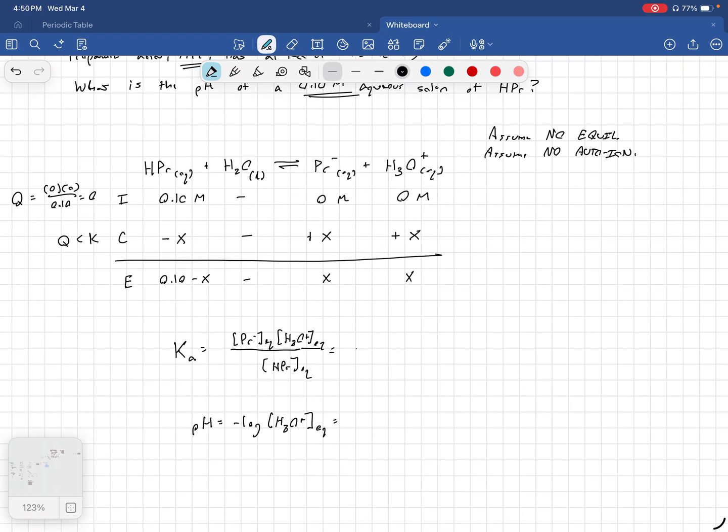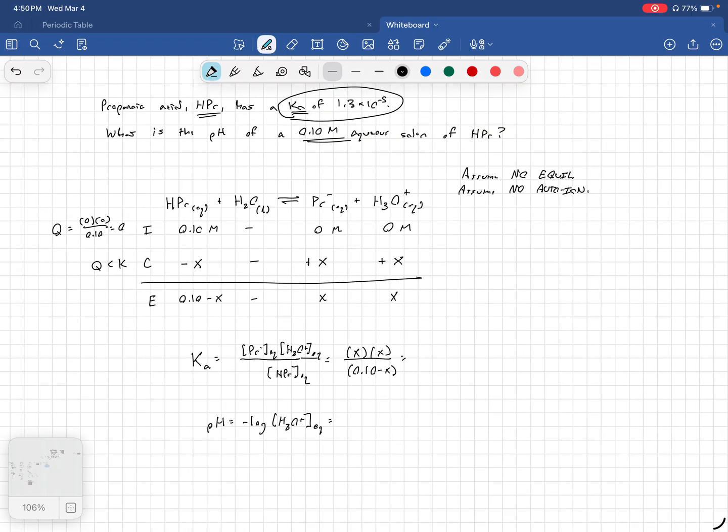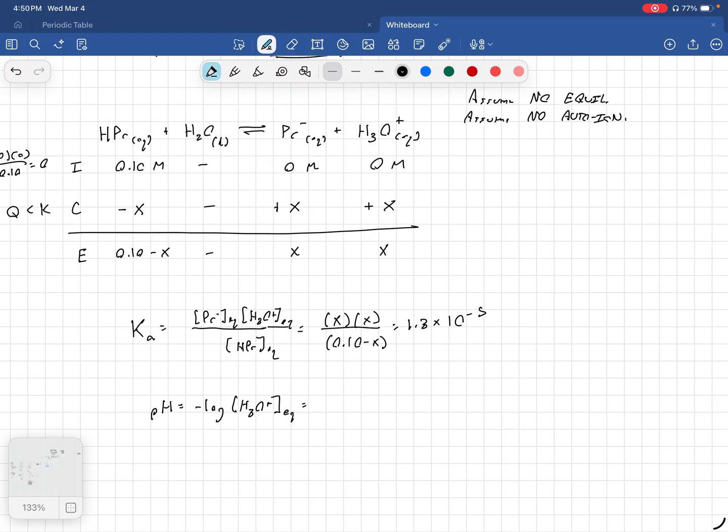And so we would end up with X times X all over 0.10 minus X, and that is equal to our Ka value of 1.3 times 10 to the negative fifth.